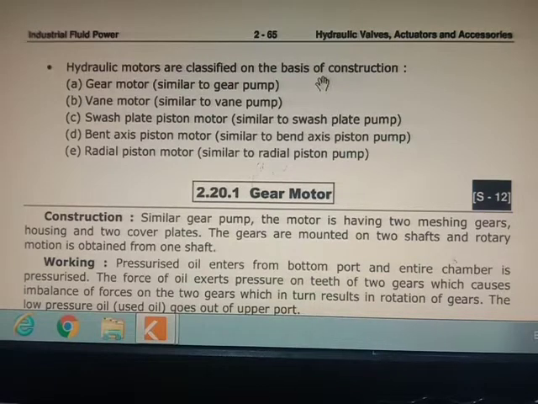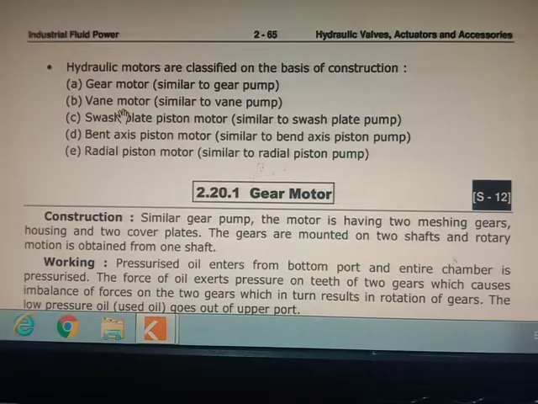Now, hydraulic motors are classified on the basis of construction. So here is the classification of hydraulic motors. First, gear motor, similar to the gear pump. As you have seen, there are three types of gear pump: internal gear pump, external gear pump, and the gear rotor pump. In the same way, hydraulic motors are also classified like gear pumps. So there is a gear motor.